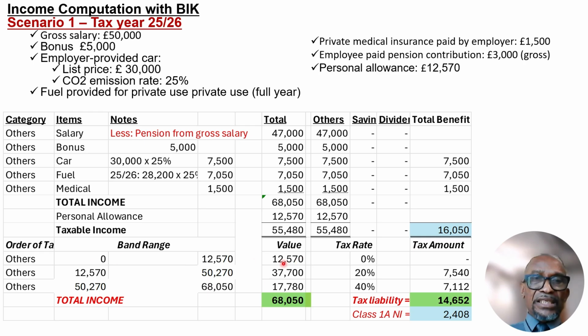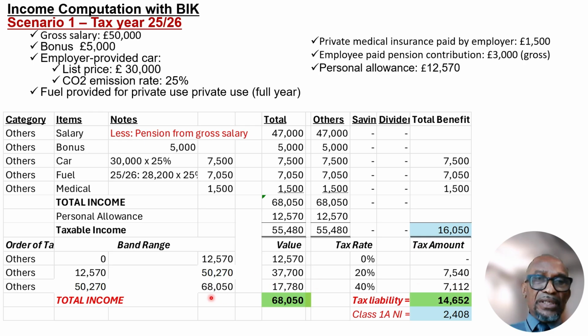This minus 0 is that. The rate is 0%, so the tax is nothing. Now, from 12,570 to the 20% band limit, which is 50,270, the difference is 37,700. That's the value between this and this. At our 20% rate, the tax is 7,540.